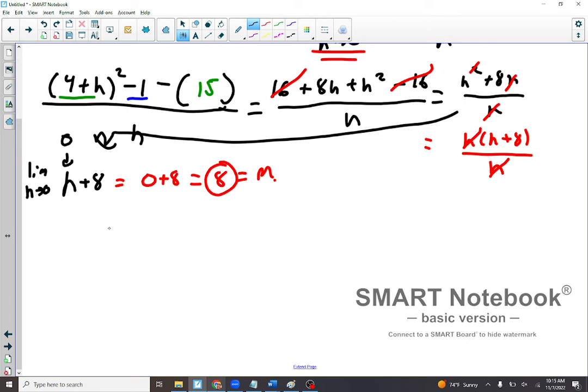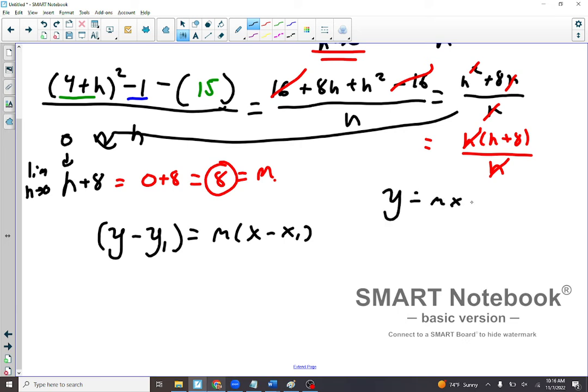I recommend doing the point slope form, which is y minus y1 equals m times x minus x1. You can put it into y equals mx plus b form, and that would be a valid answer, but I think it takes more work. I'll show both regardless.